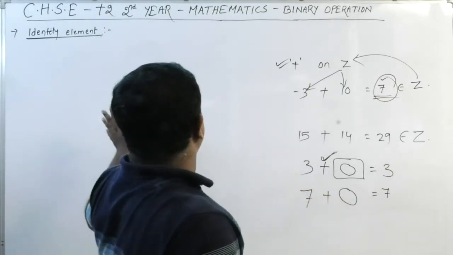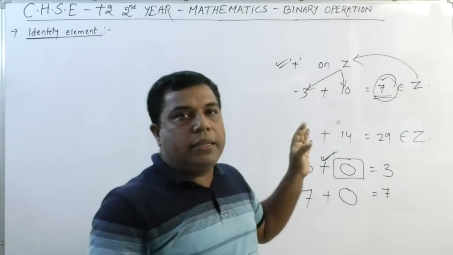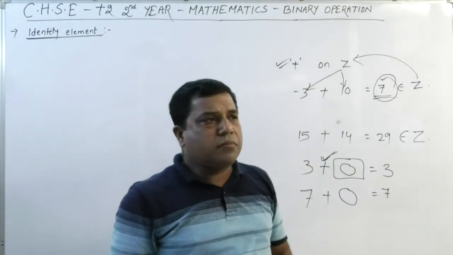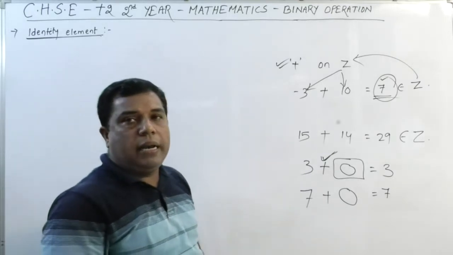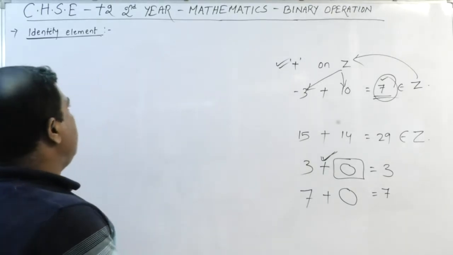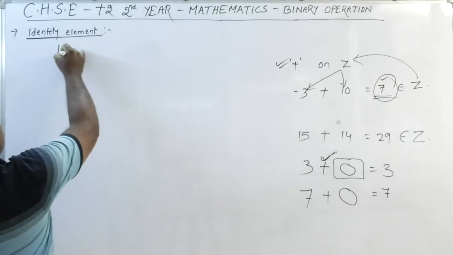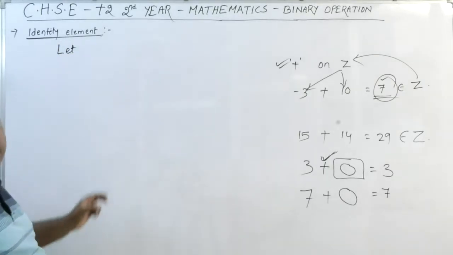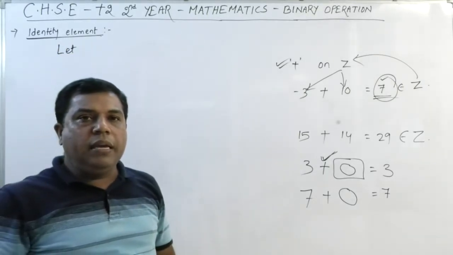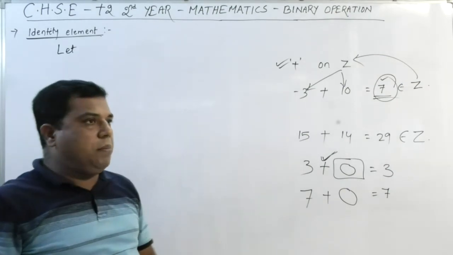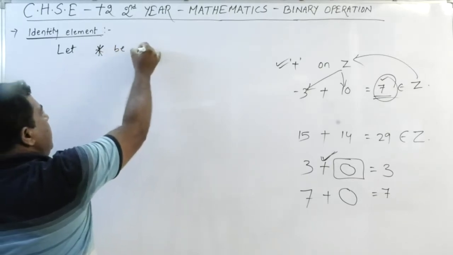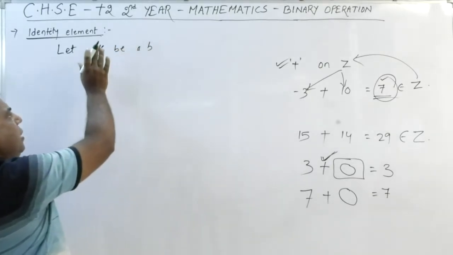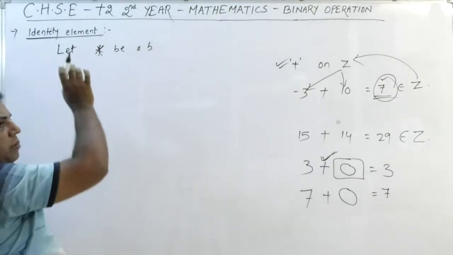Now we are going to write the definition of identity element. In generalizing, I am writing in a general form. Let star be a binary operation, we are ordinarily denoting the binary operation by star.